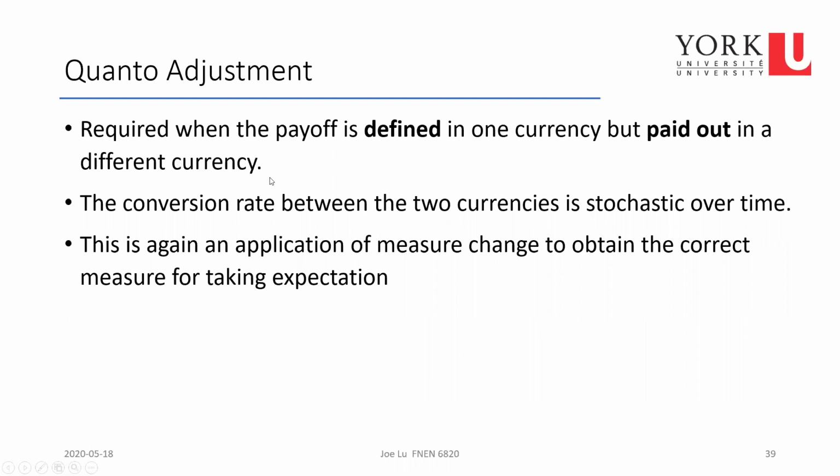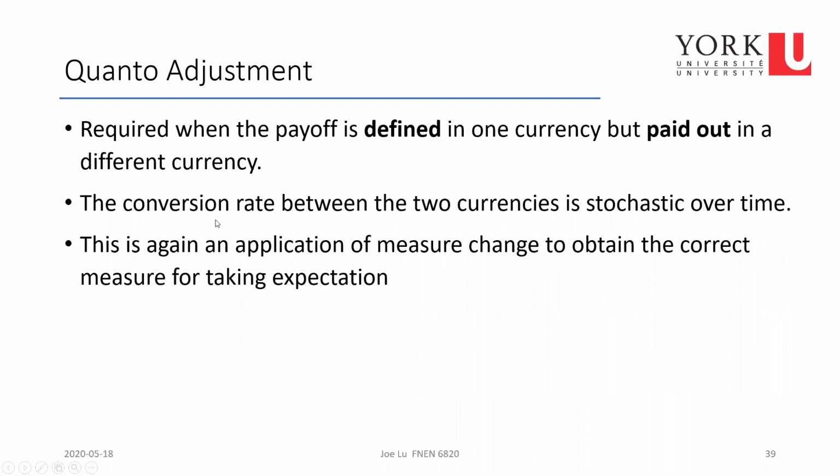For example, if there's a contract that pays you in Canadian dollars the S&P index value, you would require quantum adjustment, because the S&P is an index that's defined in US dollars, but in this case the contract pays you the value in Canadian dollars. So in a case like that, you will need to have a quantum adjustment.